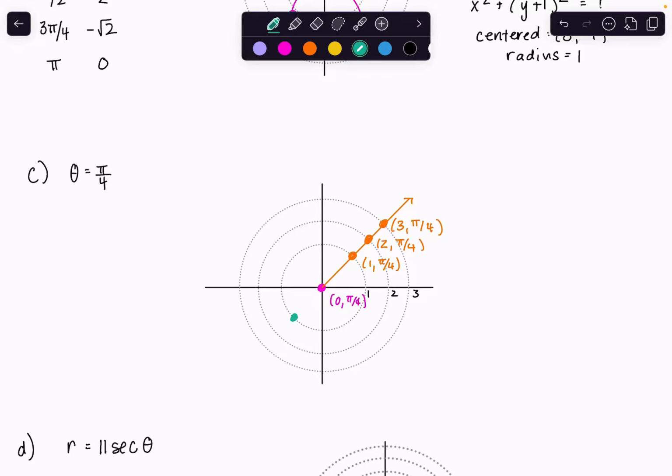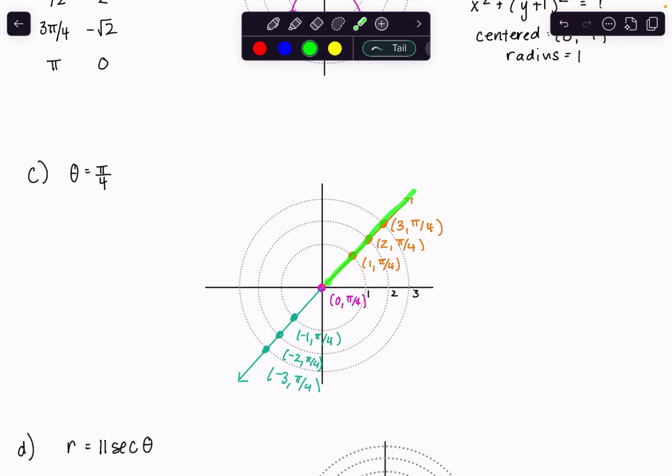So this would be the point -1, pi over 4. And likewise, this would be -2, pi over 4. And this would be -3, pi over 4. So you really get all of these points as well.